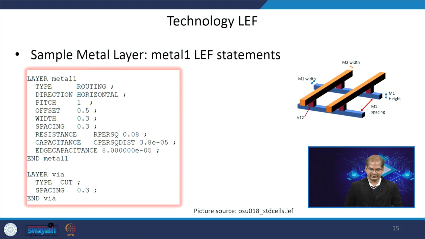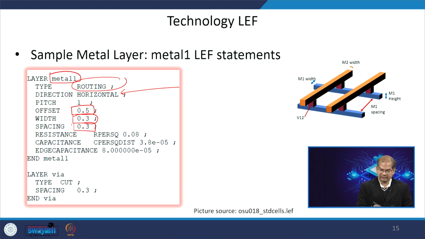Let us look at an example file here. This is metal 1. It is a routing layer, obviously used for routing, and its direction is horizontal. The pitch is 1, then the offset is 0.5, the width of the metal is 0.3 and the spacing is 0.3.